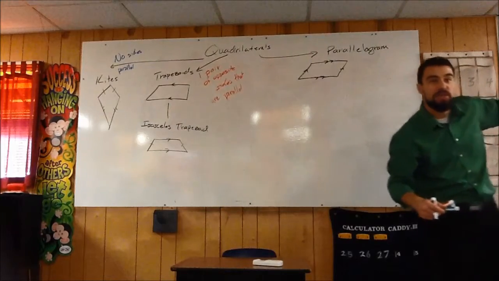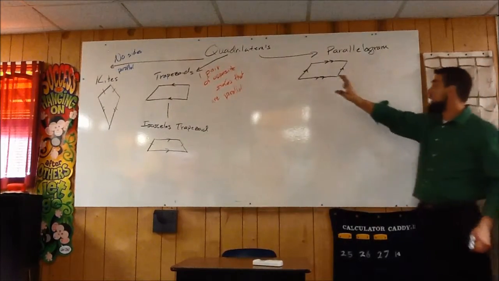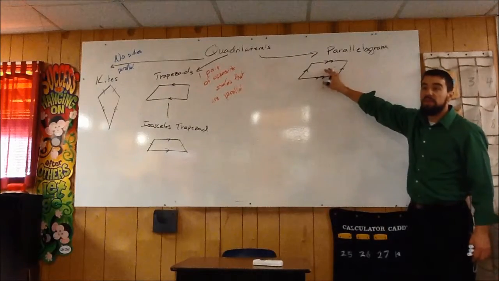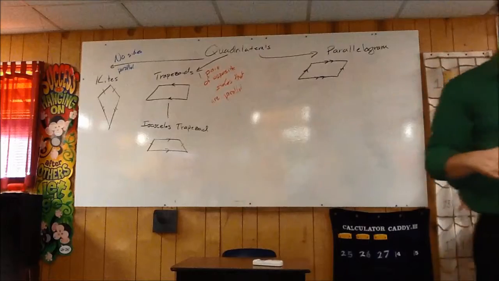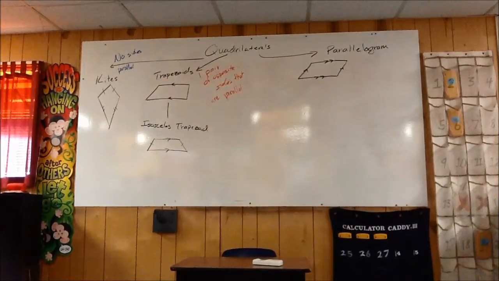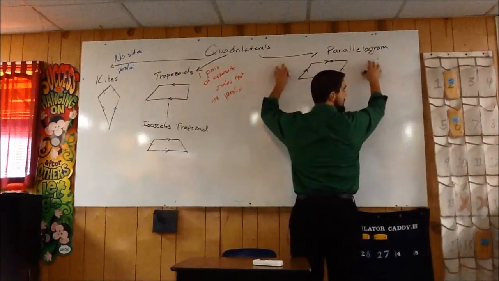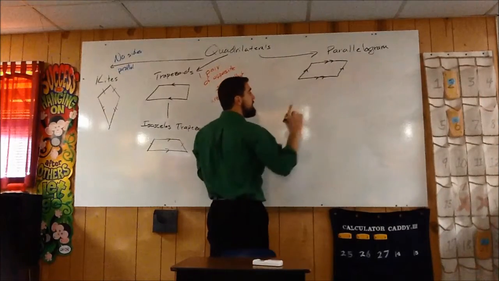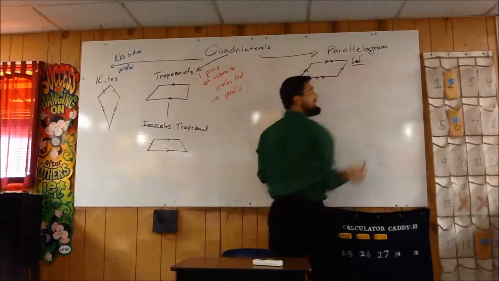So this is what I need you to write down next to this shape. So I have a quadrilateral, it's a four-sided figure, and I've drawn in those arrows that are showing that both pairs of opposite sides are parallel. So the first thing you need to write down, and we're going to have to write a little small, and you can put facts about it on both sides, but first I'm going to write DEF, that stands for definition.